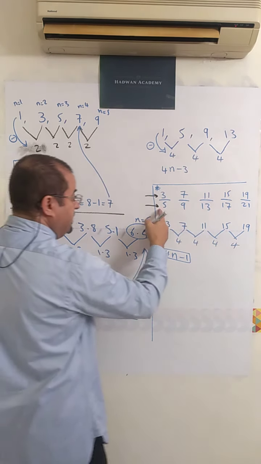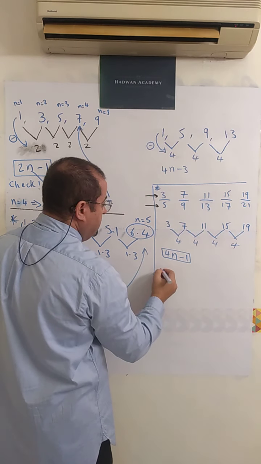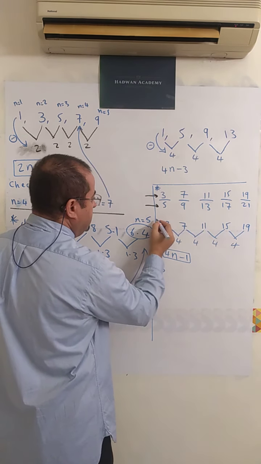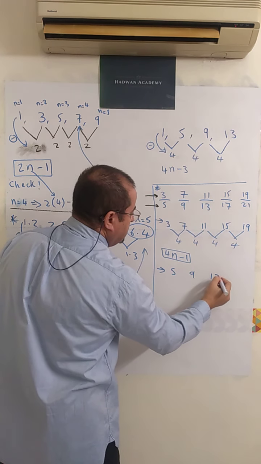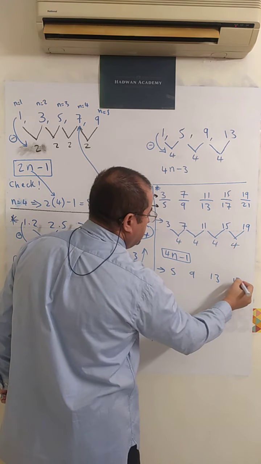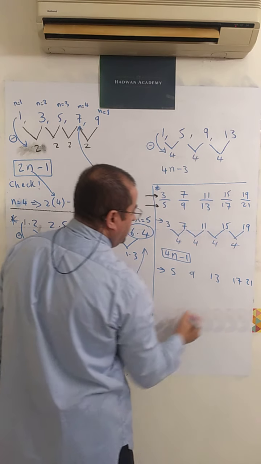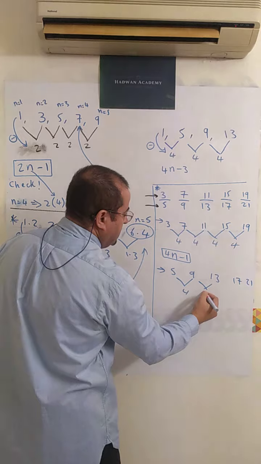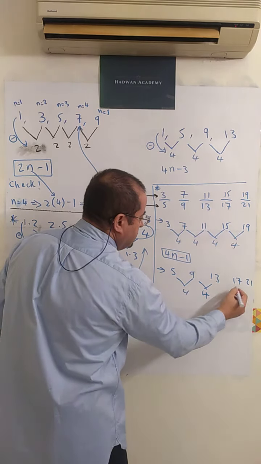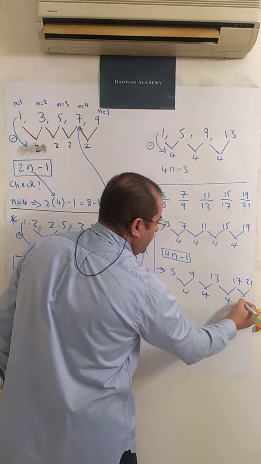I go to the denominator here. I'll write it down: 5, 9, 13, 17, and 21. So 9 minus 5 is 4 again, and 13 minus 9 is 4 again, and here 4 and 4.